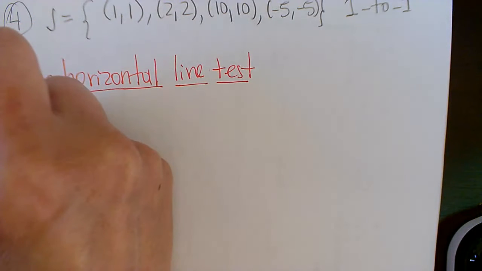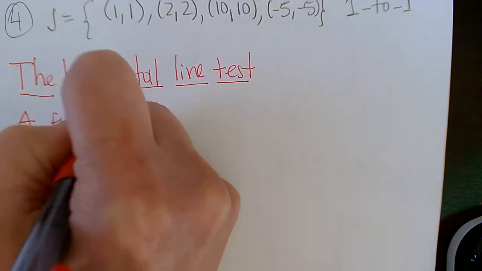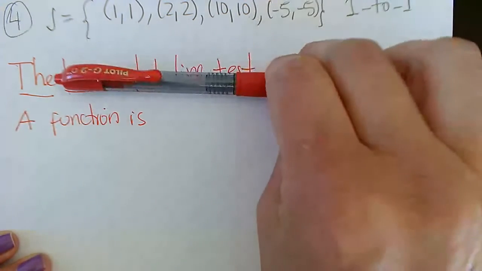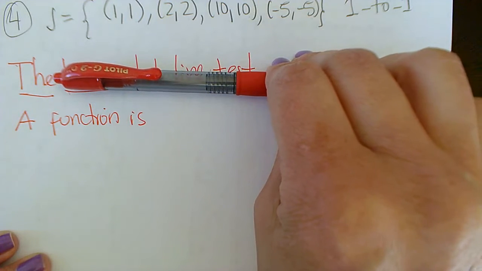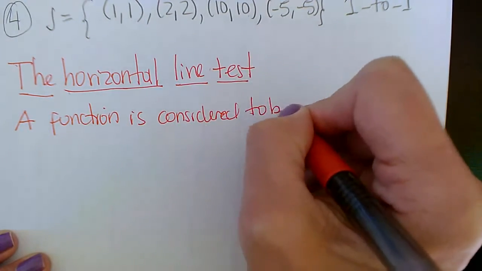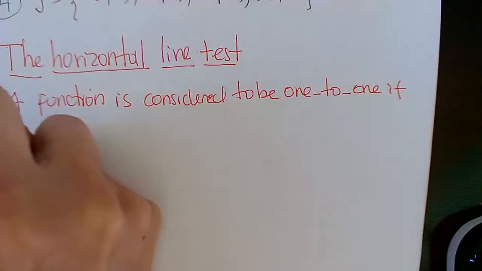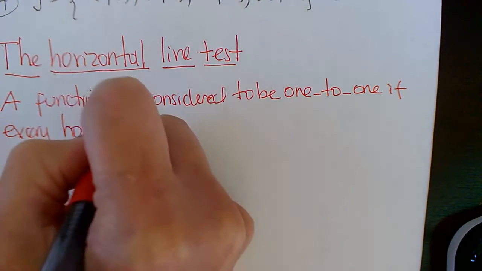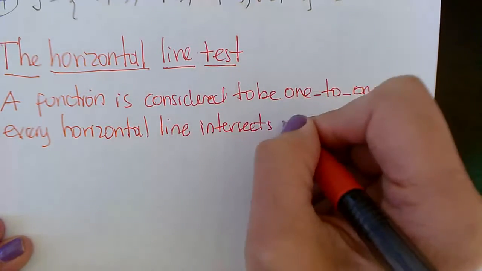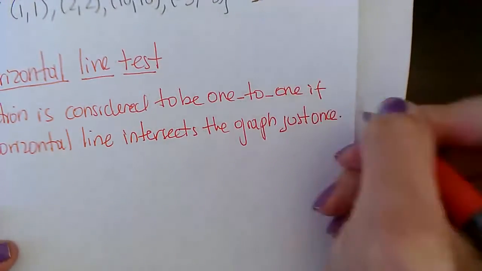So the horizontal line test says that a function is considered to be one-to-one if every horizontal line intersects the graph just once, okay?